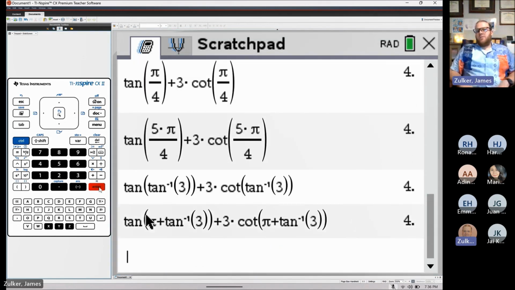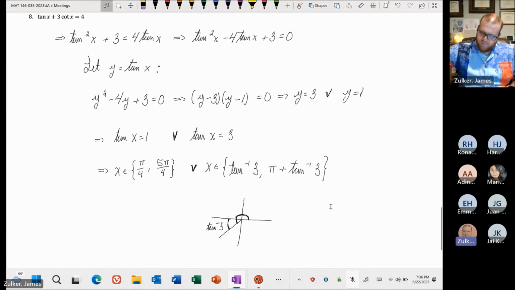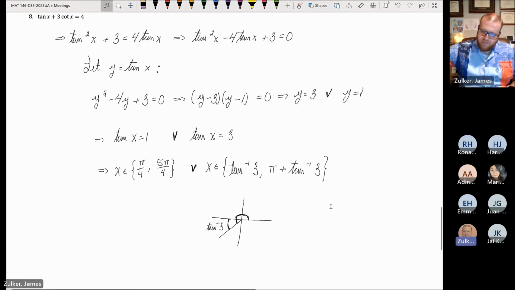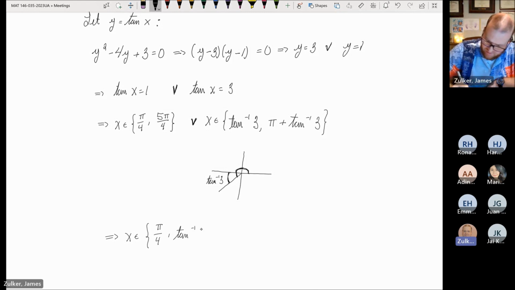And that works. So our solution set is all of them.